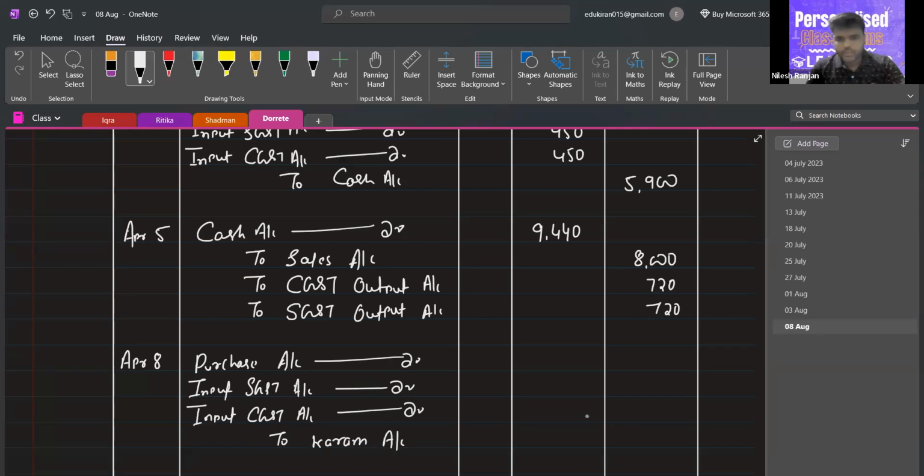Okay. So 10,000, 9% CGST, 9% SGST, total is 11,800. Okay.